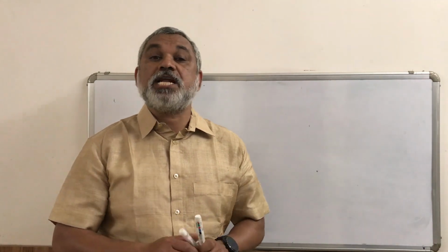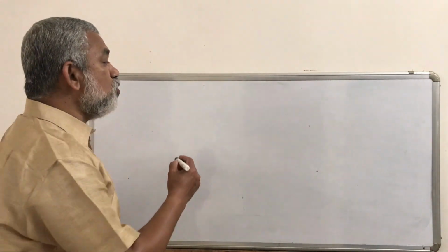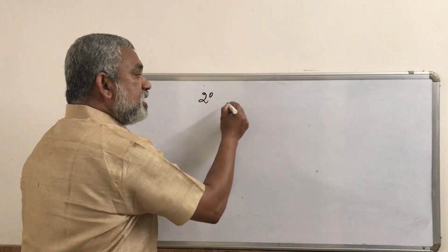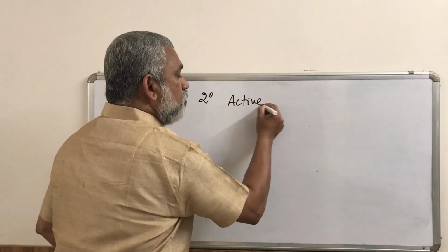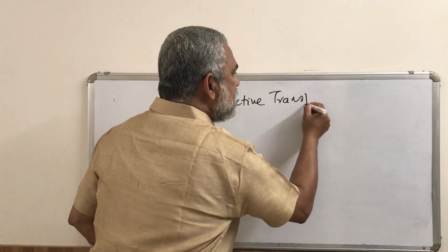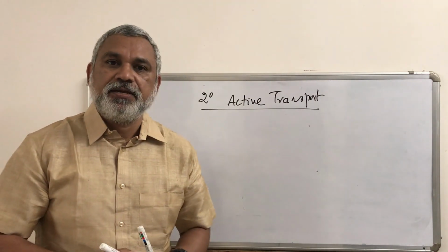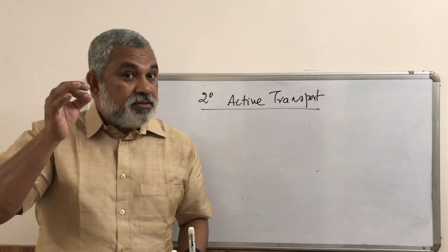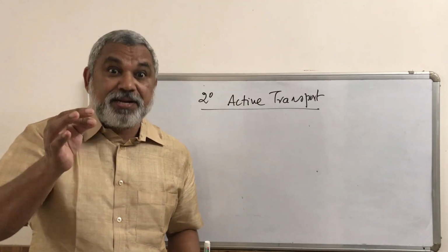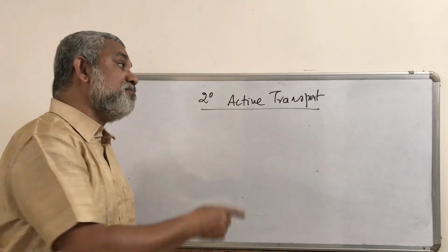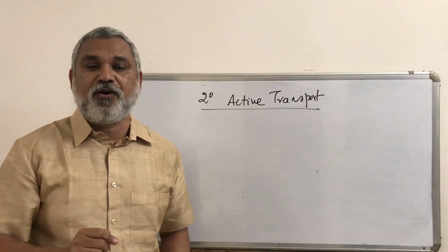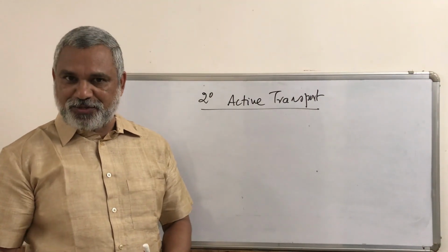The second transport mechanism that we are going to look at is secondary active transport. Why is it called secondary active transport? It is because the gradient generated from the primary active transport mechanism is the driving force for transportation of molecules.